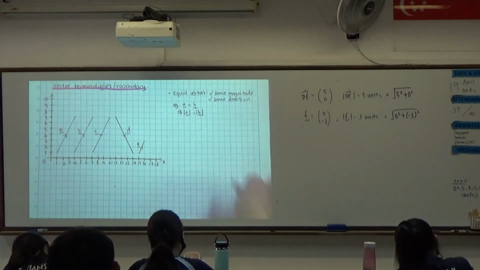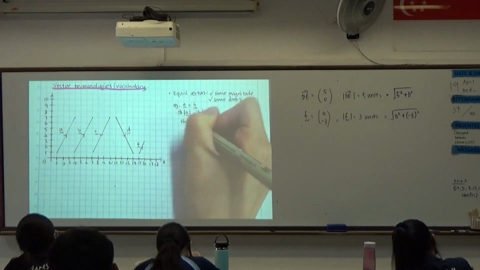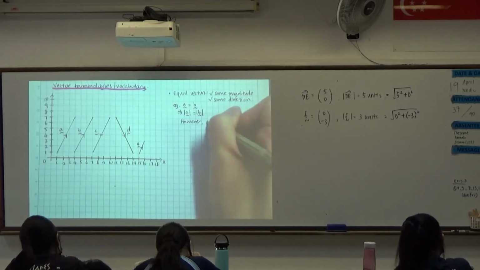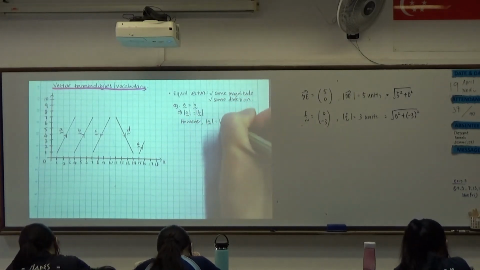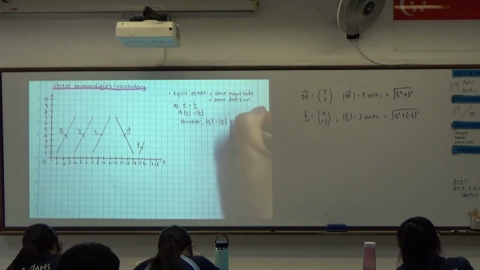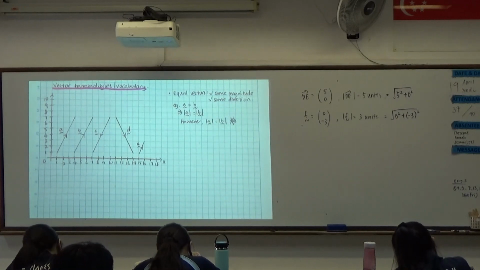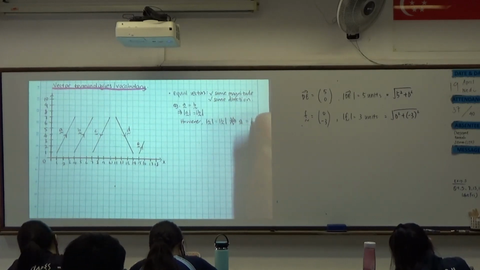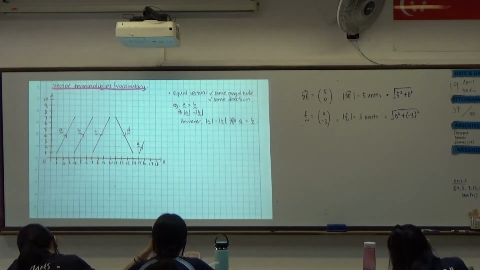However, if the magnitudes are the same, it doesn't imply that the vectors will have to be equal.